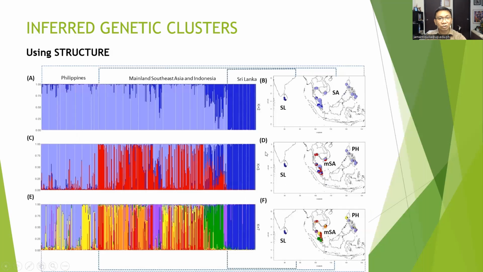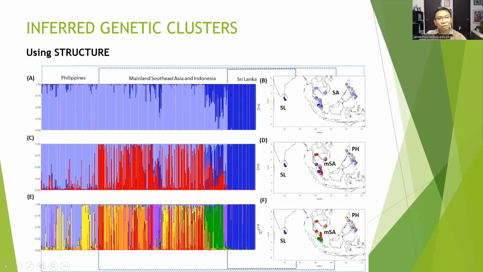So using STRUCTURE again, Sri Lanka was distinctly separate from Southeast Asia when K is equal to 2, and if K is equal to 3, an additional red cluster is found across Southeast Asia.